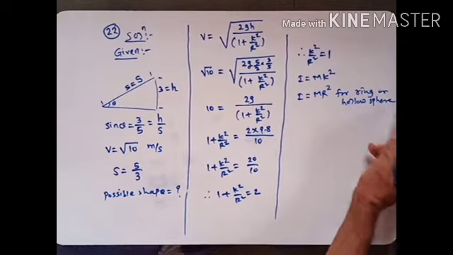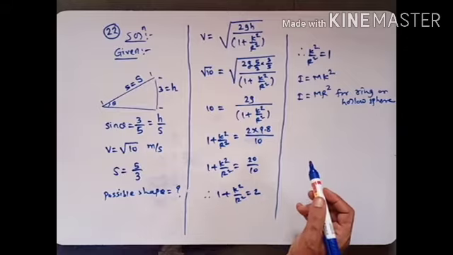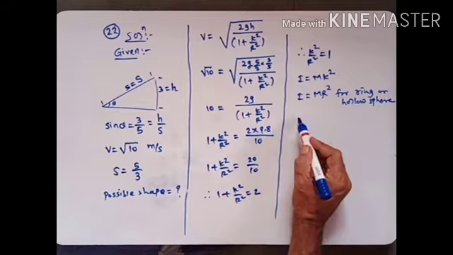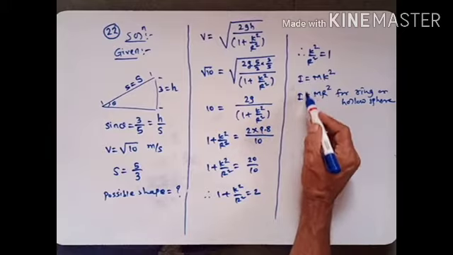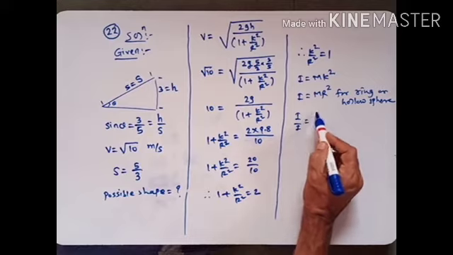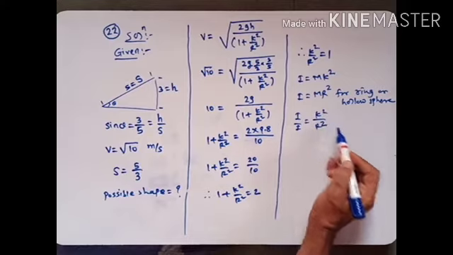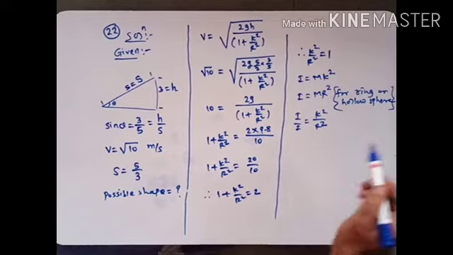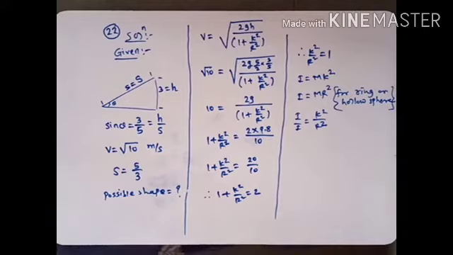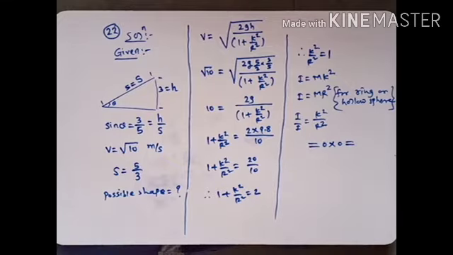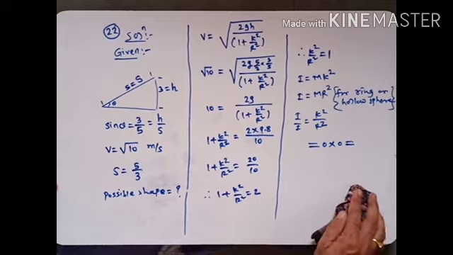If we compare these two equations, then I upon m is equal to k square upon r square, and we have got this. Therefore the body must be a ring or hollow sphere. Here we complete our first topic, that is rotational dynamics.